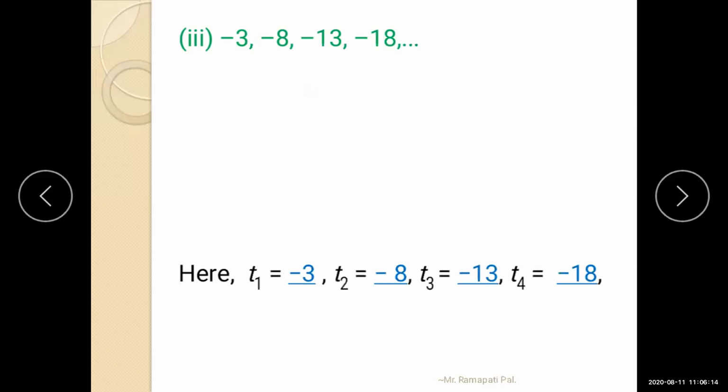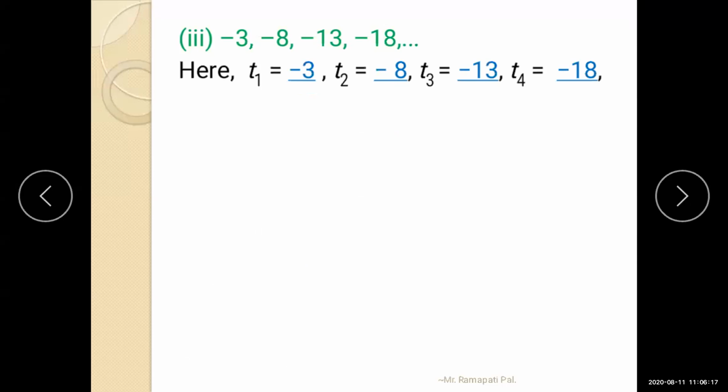T1 is equal to minus 3, T2 is equal to minus 8, T3 is equal to minus 13 and T4 is equal to minus 18. Correct? Yes, everyone has done it. Now, find out D. You know the formula. D is equal to T2 minus T1. Correct? Yes, very good.